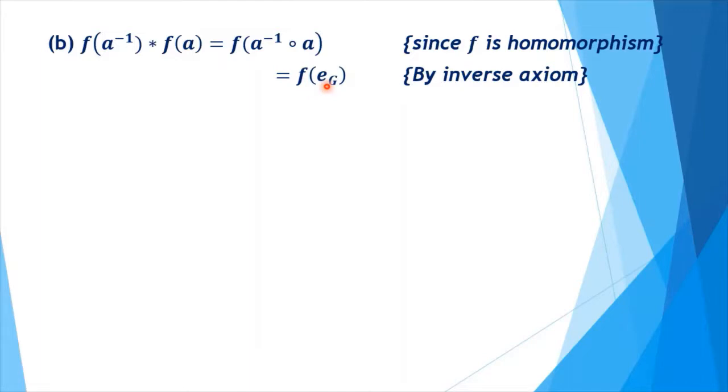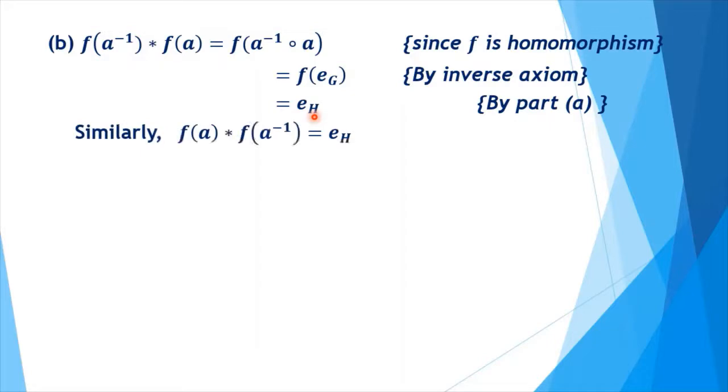But by proof 1, we have found that f of EG is nothing but EH, that is the identity element of H. So, we have found f of A inverse star f of A is equal to EH. Similarly, we can prove that f of A star f of A inverse is also equal to EH. So, by the definition of inverse, we see that f of A inverse is the inverse of f of A.